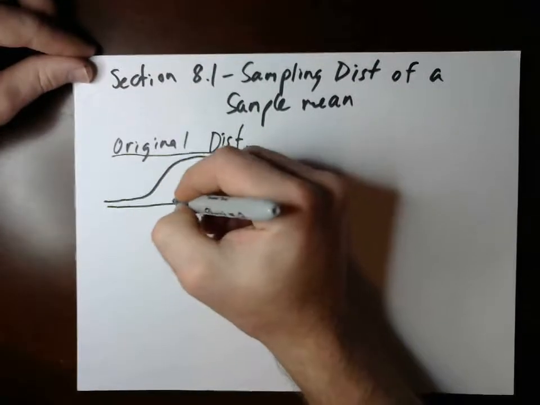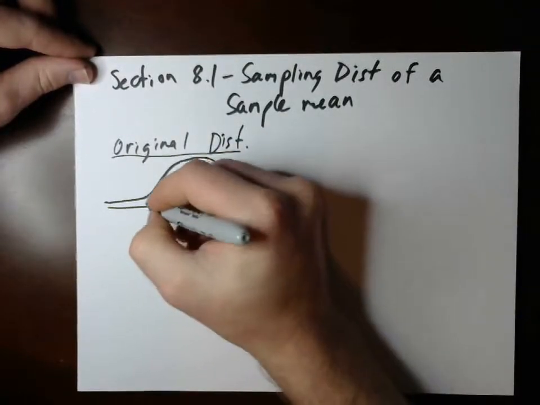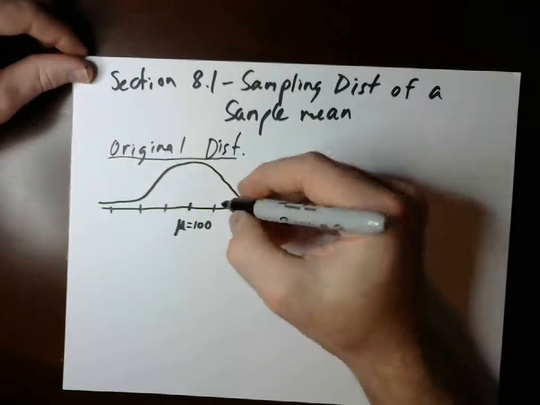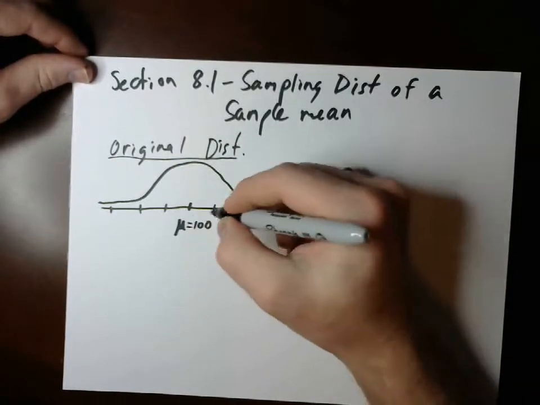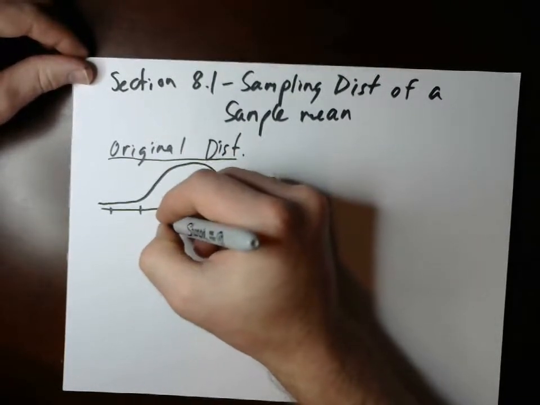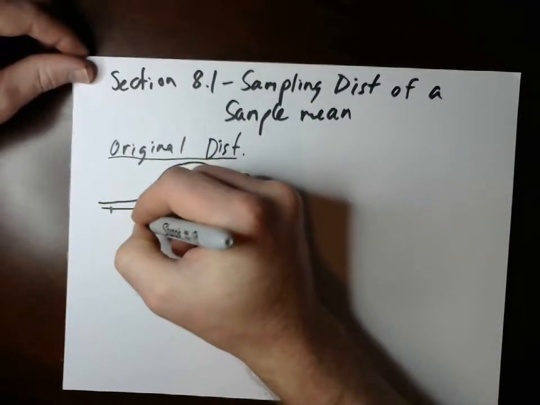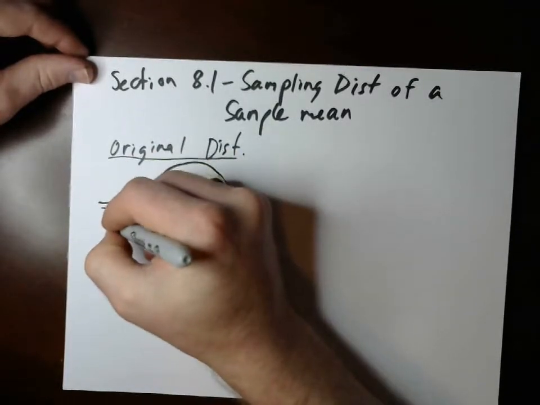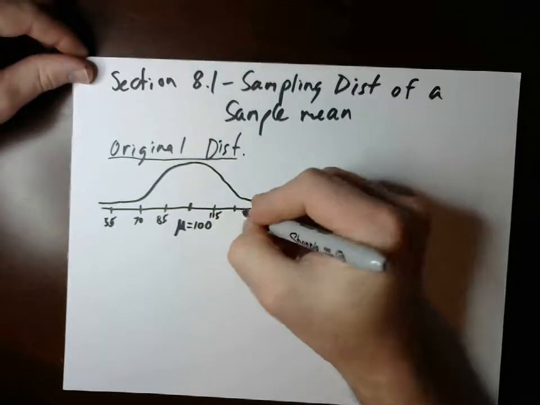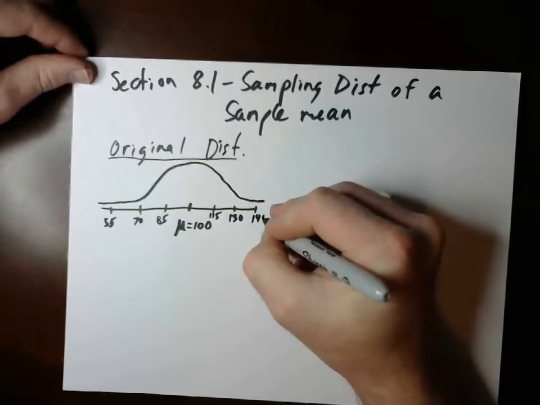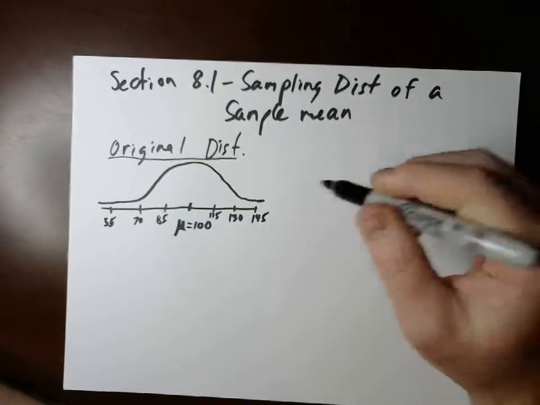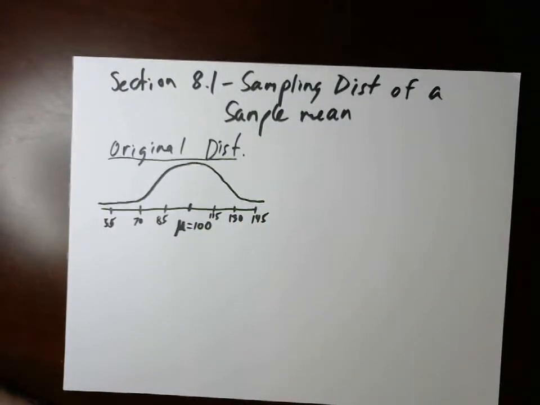So each tick mark would represent 15 up from mu or down from mu. So this would be 85, this would be 70, this would be 55, and this would be 115, 130, and 145.